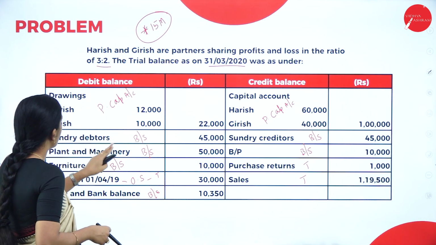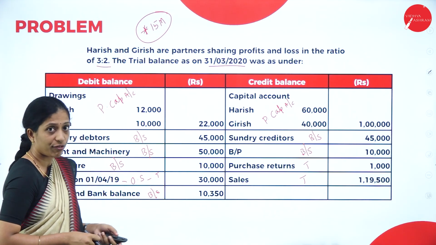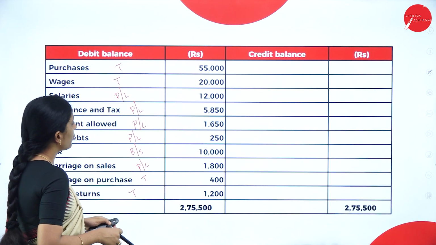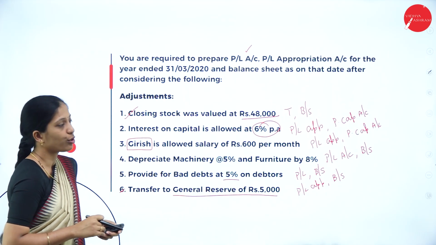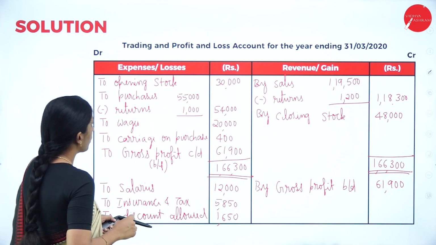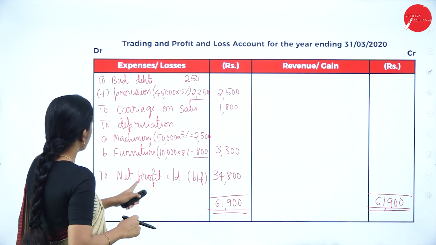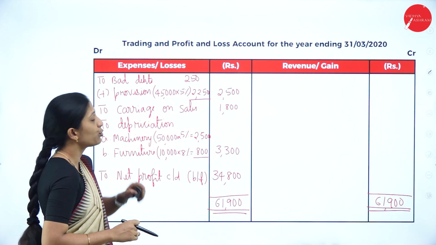Yes, so we are done with the drawings. We have sundry debtors 45,000. Along with that, we have provision of 5% also. So, how do you record? 45,000 and the provision was 2,250.